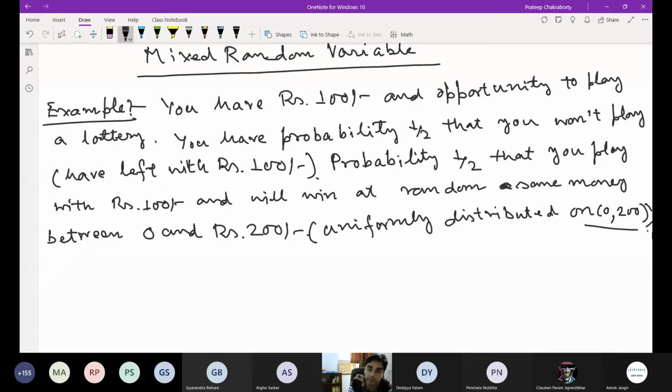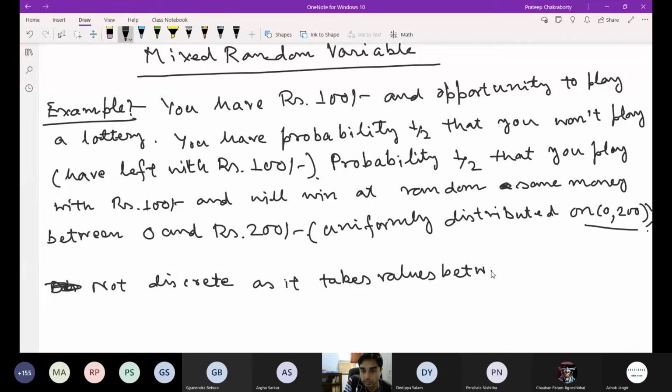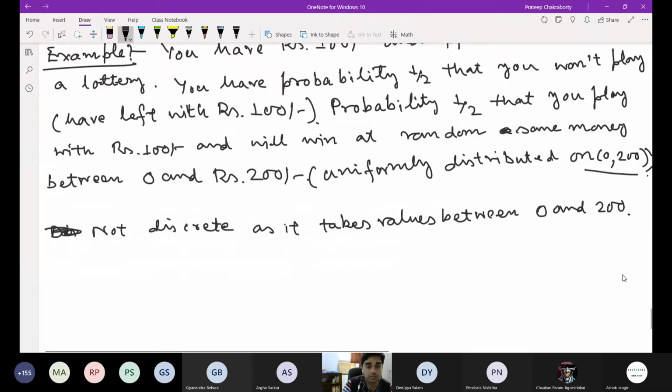But here you can win anything between 0 and 200, which is uncountable. That's why this is not discrete, as it takes values between 0 and 200. And why is this not continuous?